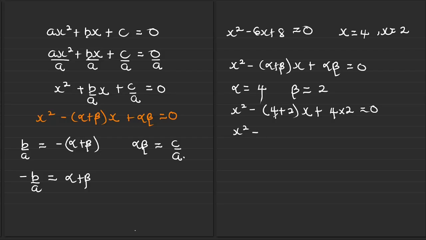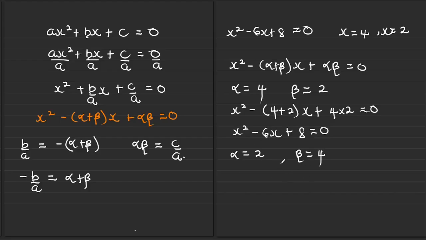Simplifying, we have negative 4 plus 2 gives us a 6, then x, plus 4 times 2 gives us an 8. And as you can see, it is just as our equation gave us. We use the roots to get back the equation. If you were to say you want your alpha to be equal to 2, and then your beta is equal to 4.